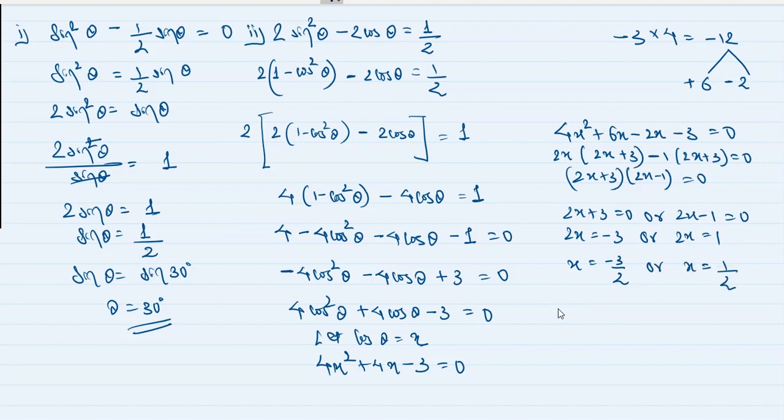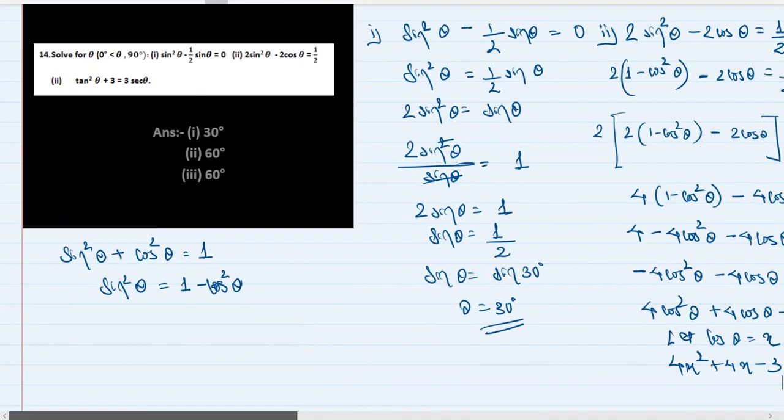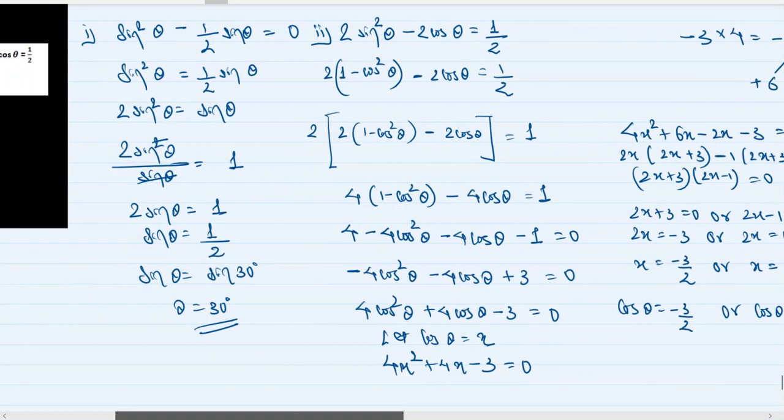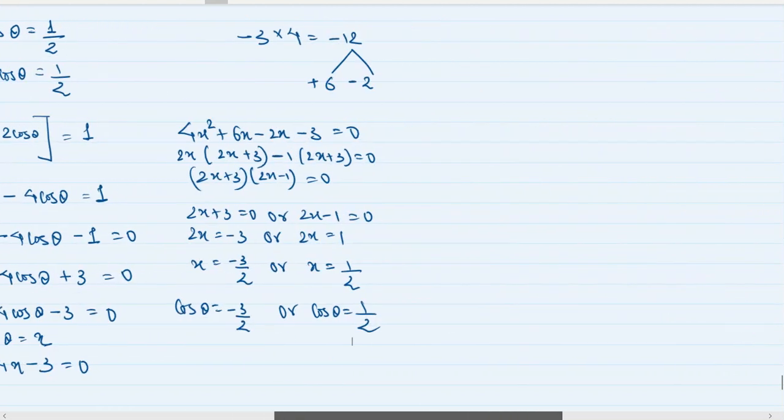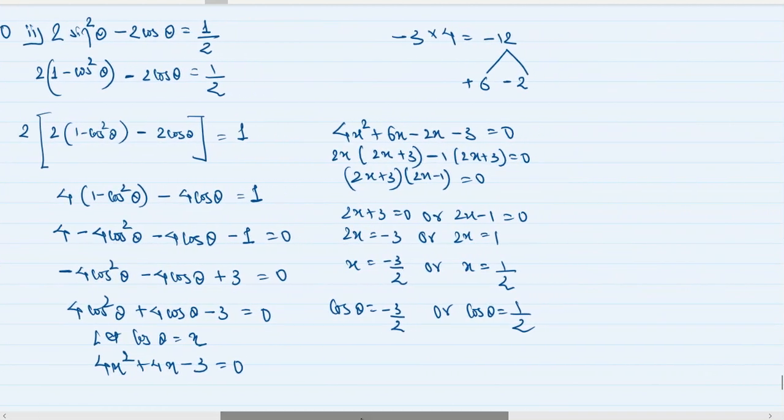So x is cos theta. So cos theta is minus 3 by 2, or cos theta is equal to 1 by 2. Now in the question they have already mentioned very clearly that theta is between 0 and 90, and we know that if theta lies between 0 and 90, cos theta can never be negative.